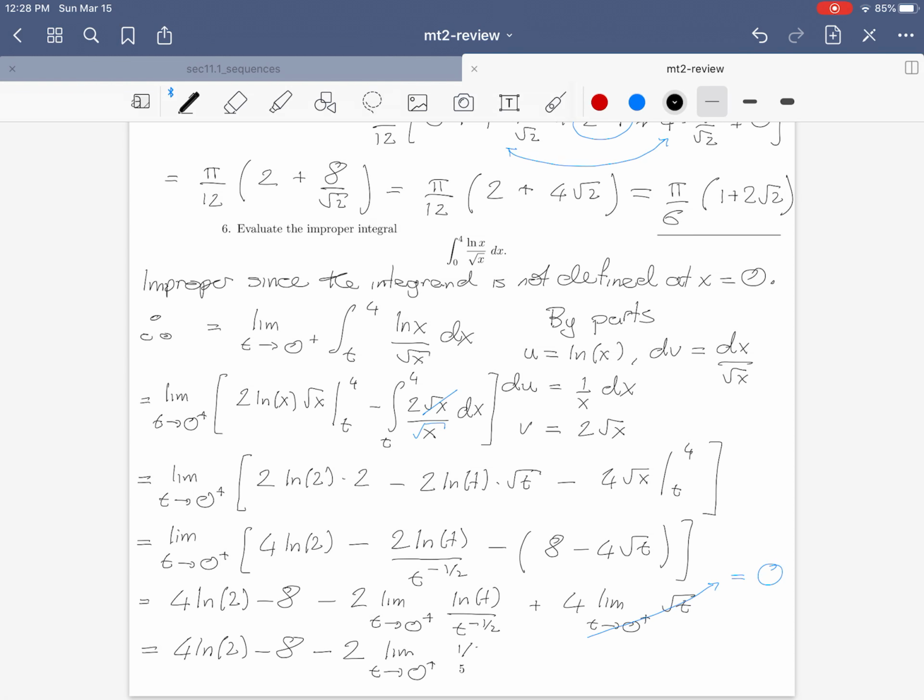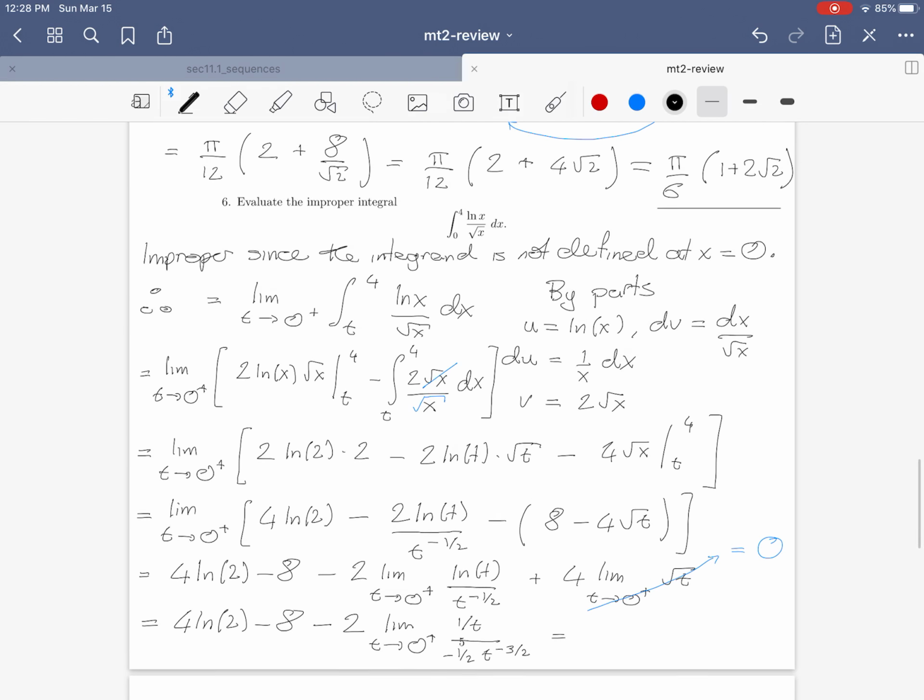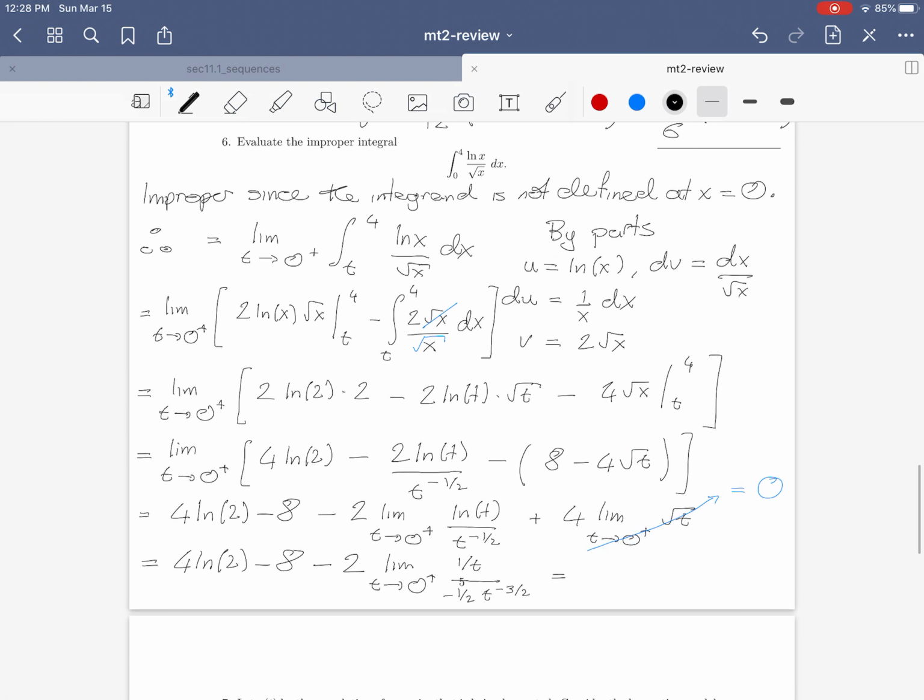So f prime is 1 over t, and g prime is negative 1/2 t to the negative 3 over 2. Now I'm going to move on to the next page.